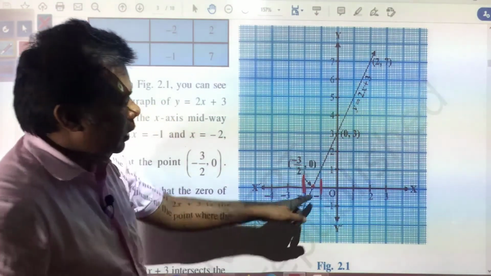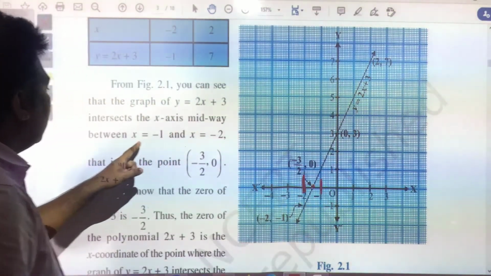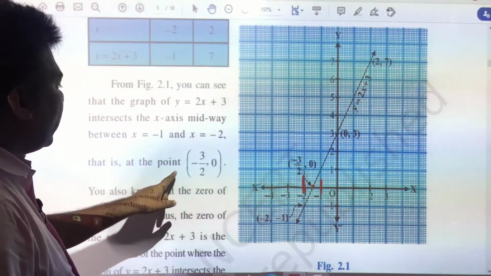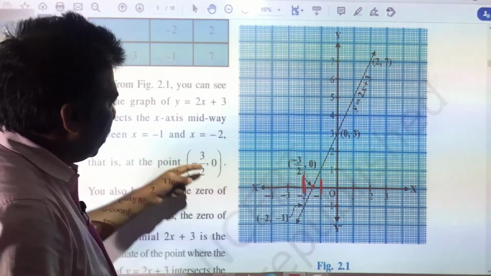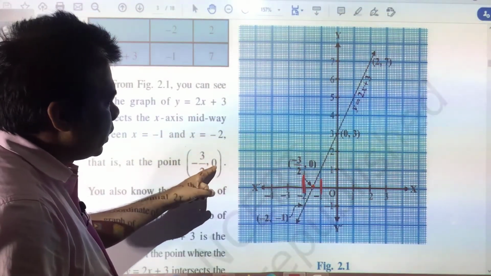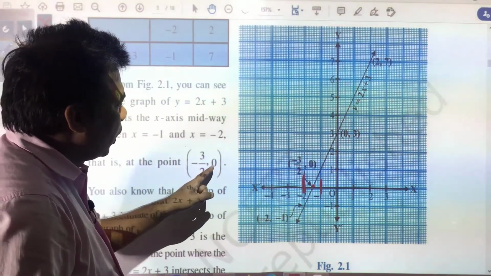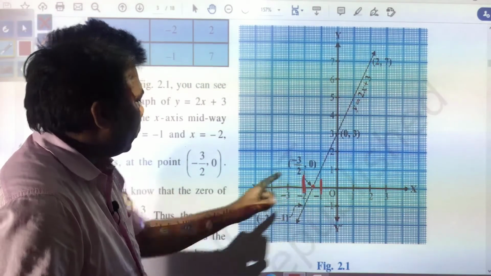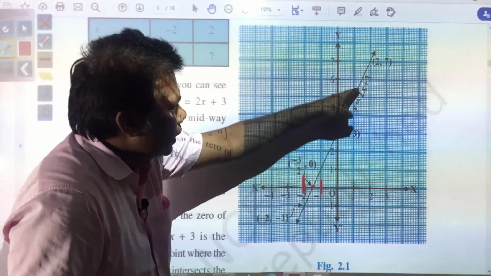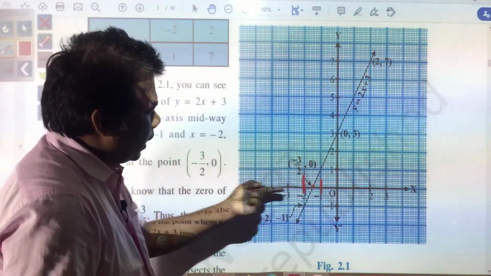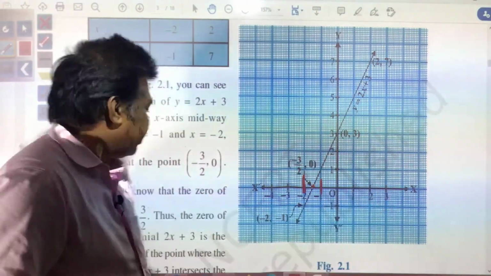At this point it is intersecting, and what is this point? It is (-3/2, 0). So your x is -3/2 and y is 0. At this point, this straight line is intersecting your x-axis.